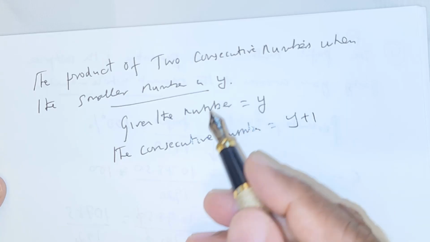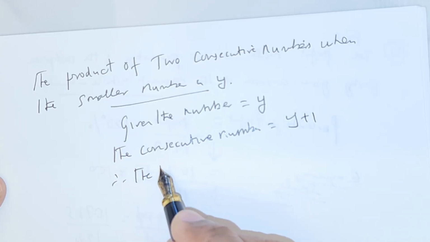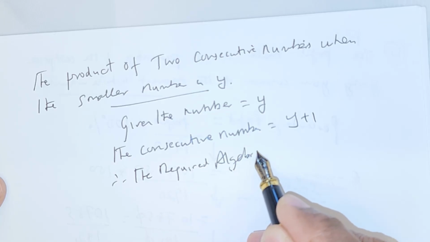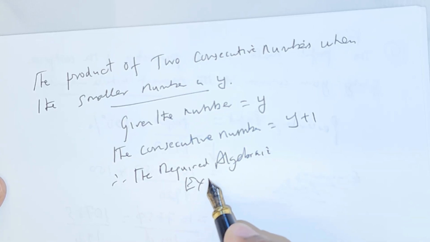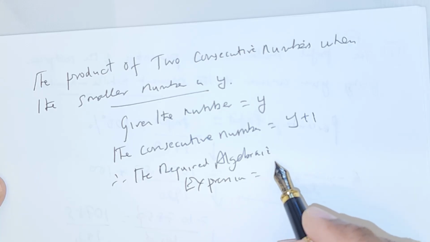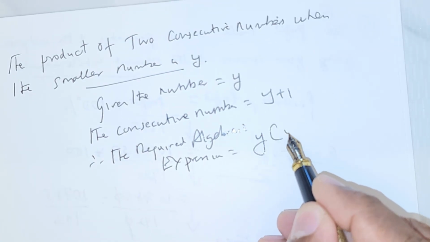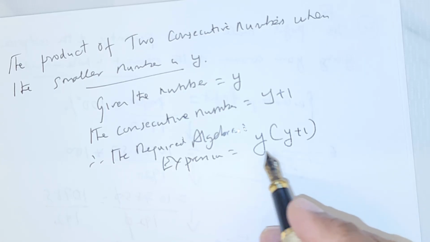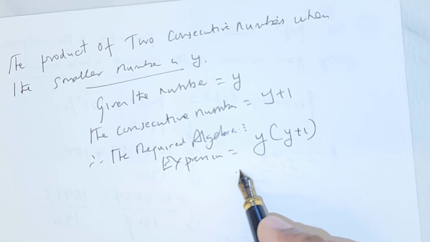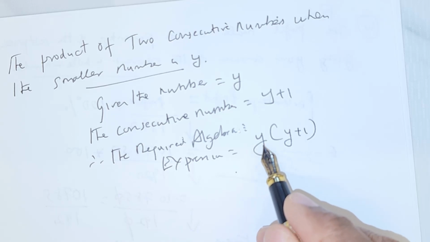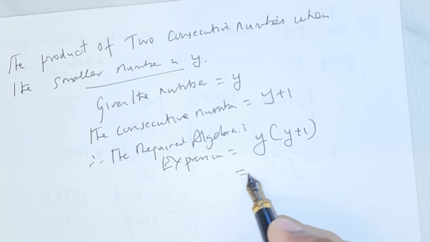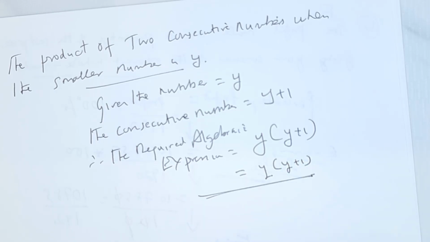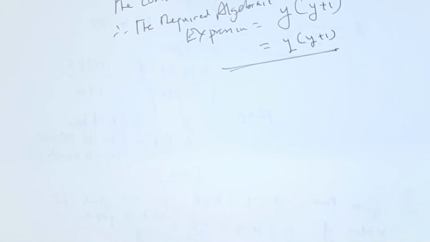The product, so therefore the required algebraic expression is going to be y multiplied with y positive 1. Okay, so for those of you who are wondering why y is written like this, you can just rewrite it like this, y times y positive 1. Okay, so that is the solution for this question.